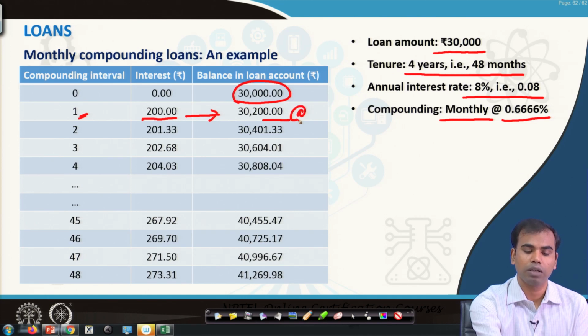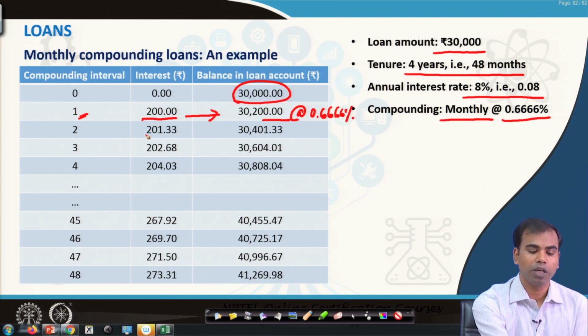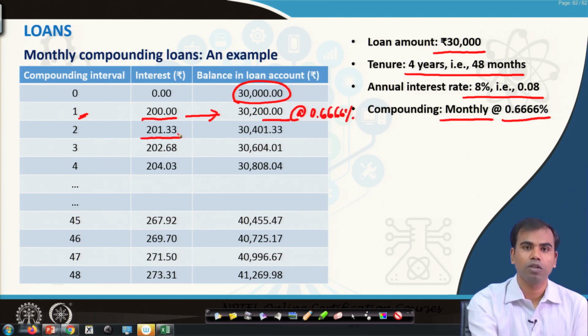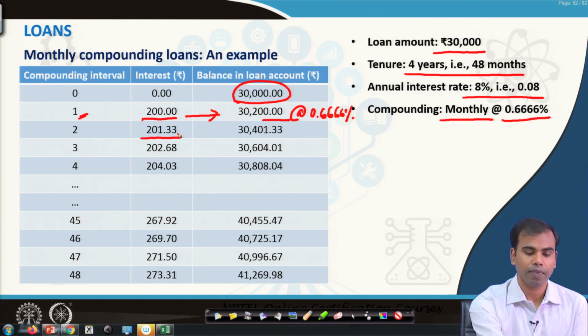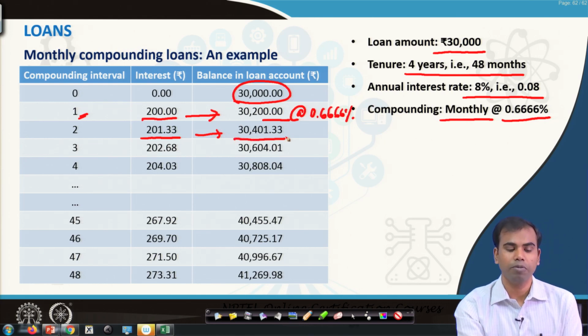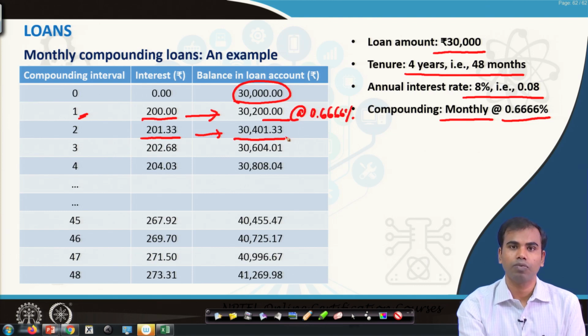And interest that is charged on this amount at the rate of 0.6666% will be accumulated over the next period as 201 rupees 33 paisa. That will be added to this particular amount. So, the total amount due at the end of the second period will be 30,401.33.